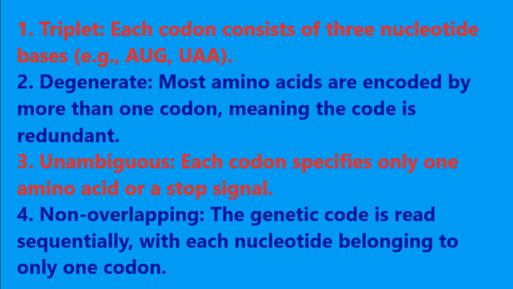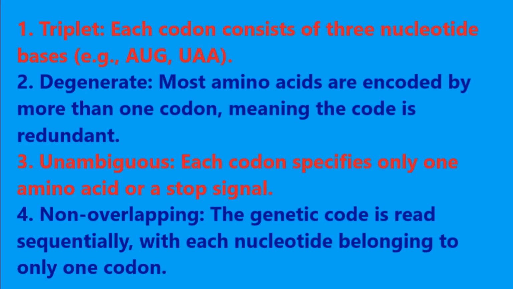First, triplet nature. Each codon is made of 3 nucleotides. So, 1 amino acid equals 3 bases. For example, the AUG codon codes for methionine, also a start codon. Second, degenerate code. Some amino acids are coded by more than one codon.